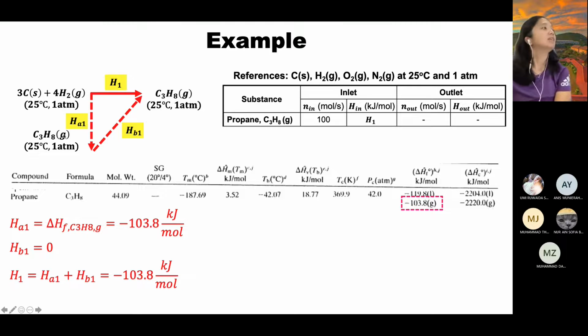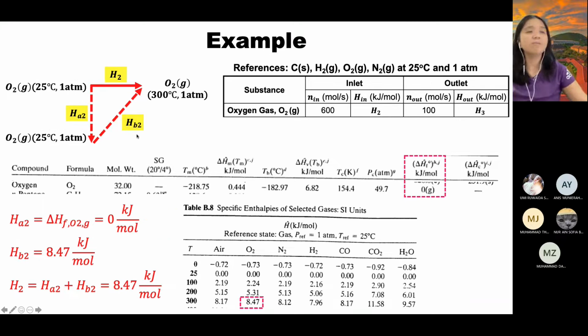HB1 is still gas at 25 Celsius 1 atm to, so happens, our inlet condition for propane, which is 25 Celsius 1 atm. So there is no change, right? So HB1 is zero. Then H1 equals HA1 plus HB1. Next example, maybe you can see it clearly for oxygen gas. First, we must form oxygen gas at 25 Celsius 1 atm, then bring it to the inlet condition of oxygen gas, which is 300 Celsius 1 atm.